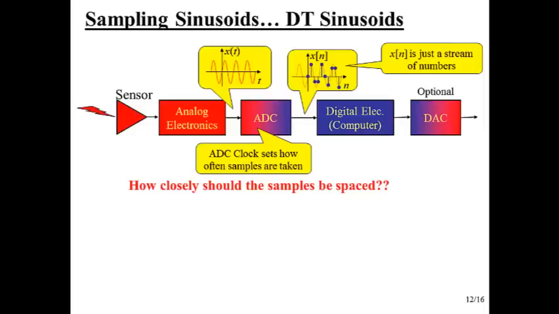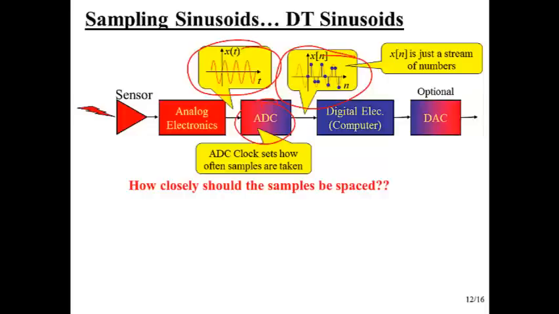Moving on to a totally different idea. We've looked at continuous time sinusoids. We've looked at discrete time sinusoids. Now, what happens if, into this stream of systems that we've been talking about, we put a sinusoid into our A to D converter? We're going to get some discrete time samples, just a stream of numbers, but the question is, what are those going to look like?